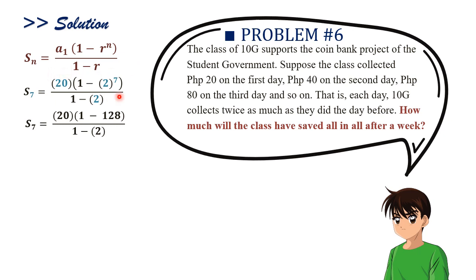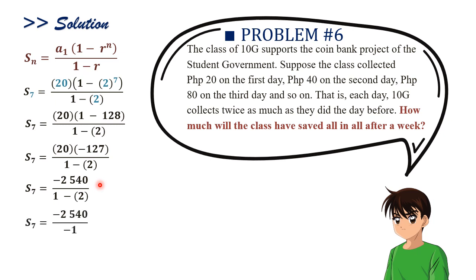Let's focus first with the numerator. So 2 raised to 7 is 128. Next to that, I subtracted 1 by 128, so I would have negative 127. And then still in the numerator, guys, so negative 127 multiplied with 20, I would have negative 2,540. We're done with all the operations in the numerator. Let's proceed with the denominator for the meantime.